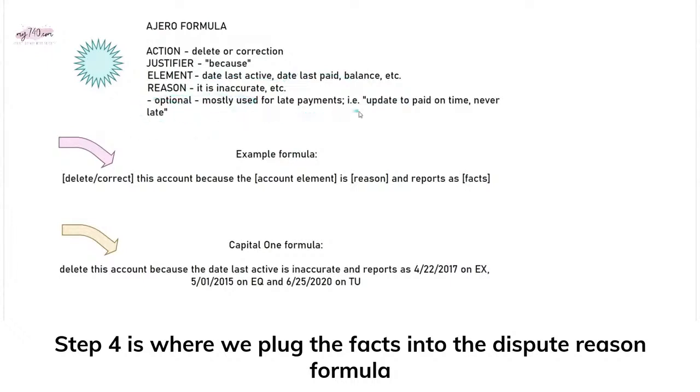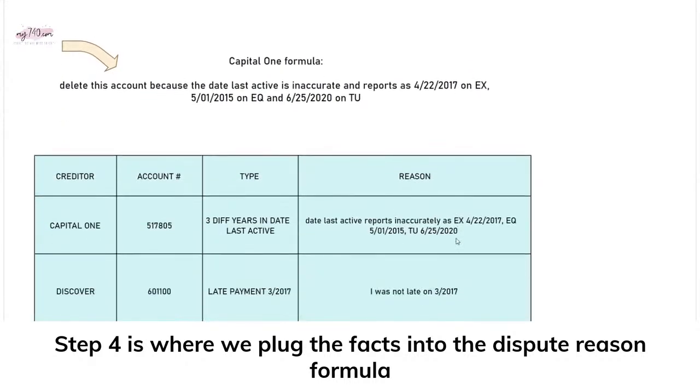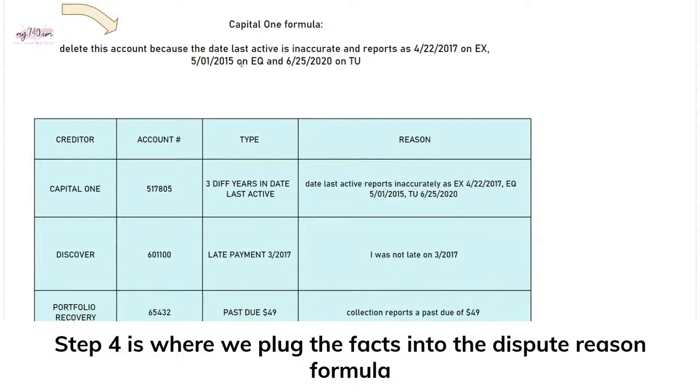So our example formula is: delete or correct this account because the account element is reason and reports as facts. So using Capital One, we're going to say delete this account because the date last active is inaccurate and reports as 4/17 on Experian, 5/2015 on Equifax, and 6/2020 on TransUnion.